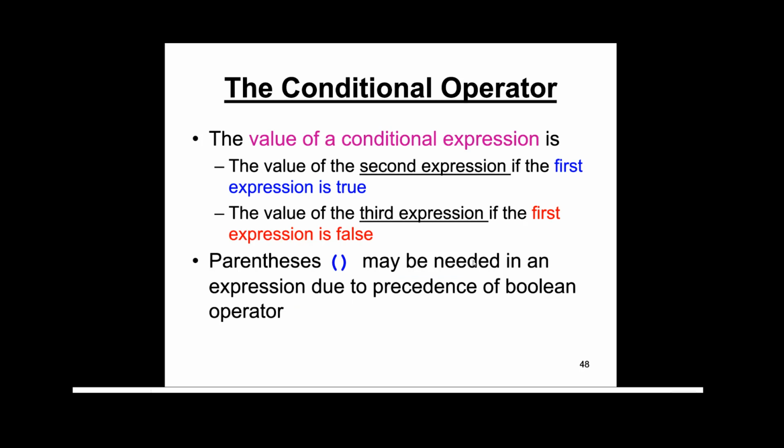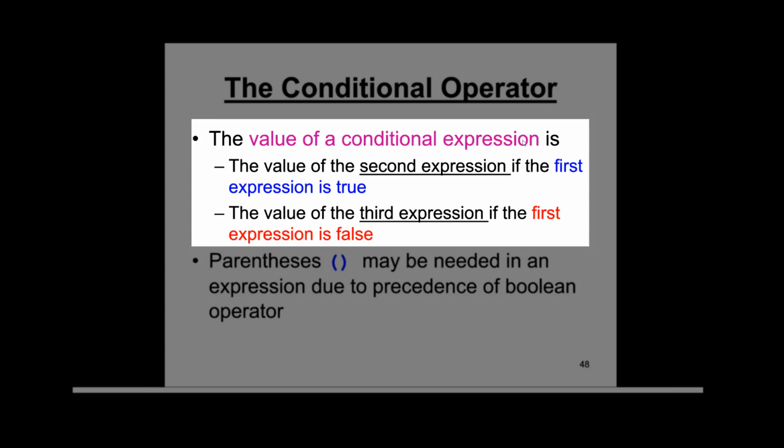So that's the conditional operator. The value of the conditional expression is the value of the second expression if the first expression is true. But if the first expression is false, then the value of the conditional expression is the value of the third expression.